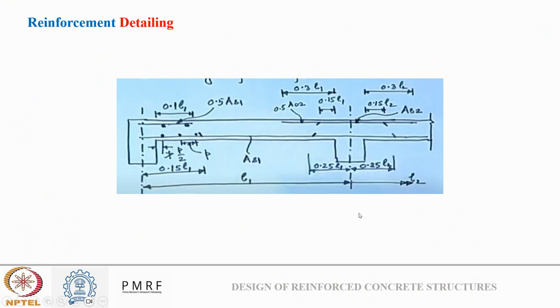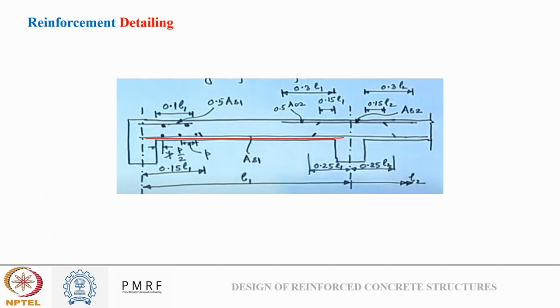Now, just to understand the complexity of reinforcement designing in a better way, if we consider a continuous slab, we design for tension reinforcement. This is the tension reinforcement that we generally design for. Now the code says that near the support you need to provide some reinforcement on the compression side also. How to do that?